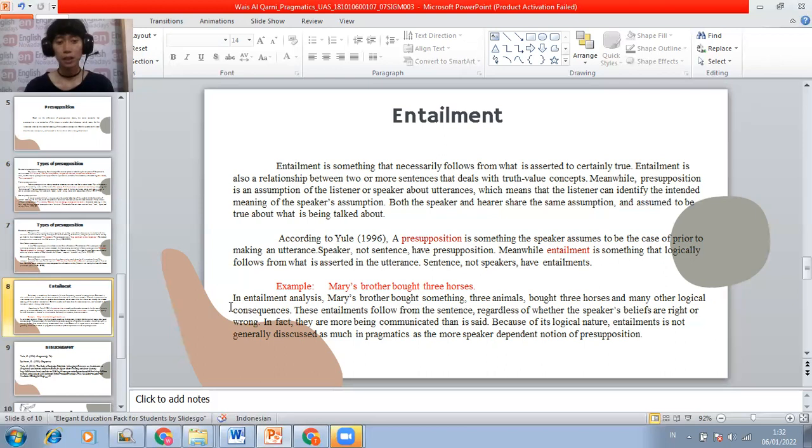Again, in entailment, the sentence has an entailment, not the speaker. So we don't basically have to deal with anything in an entailment since it just provides the logical consequences or logical possibility.